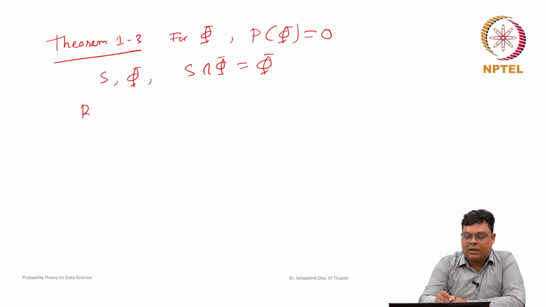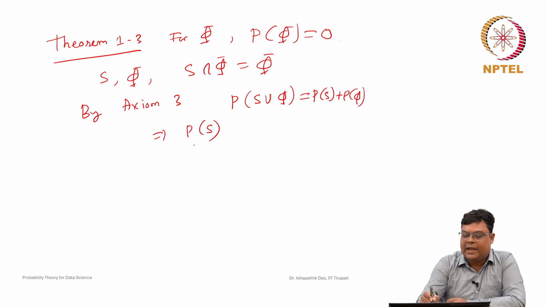By axiom 3, probability of S union phi is equal to probability of S plus probability of phi. Now, the left hand side is nothing but S, so this is equal to probability of S plus probability of phi.